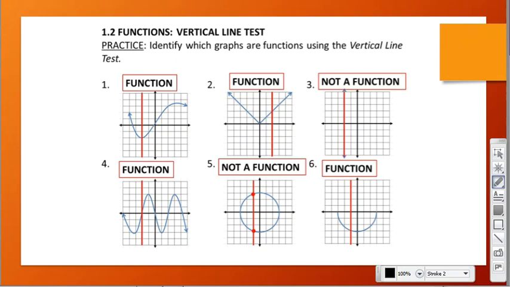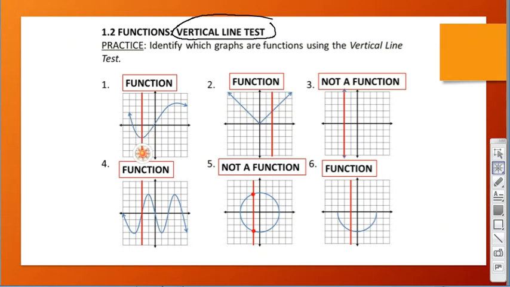Okay, there is another way that we can identify whether a relation is a function or not, and it is called the vertical line test. Okay, and how this vertical line test works is if you can pass a vertical line through the graph and it touches only one point at a time, you could say that that relation is a function.